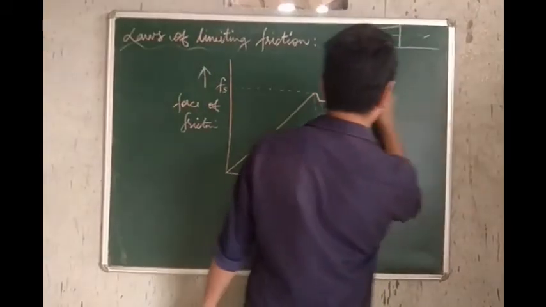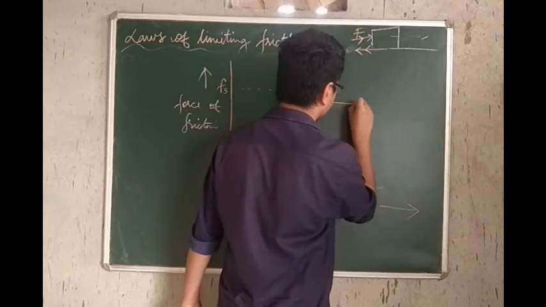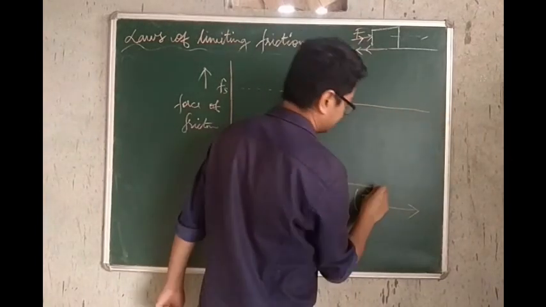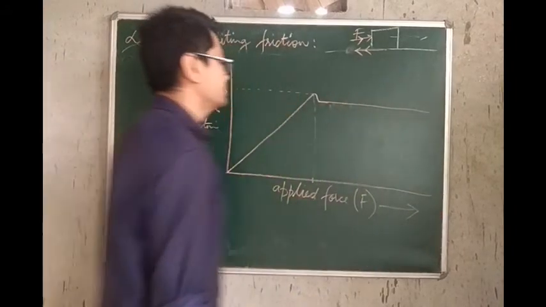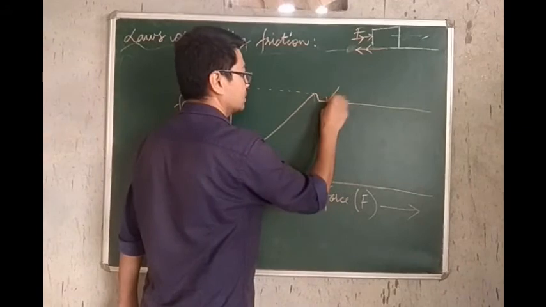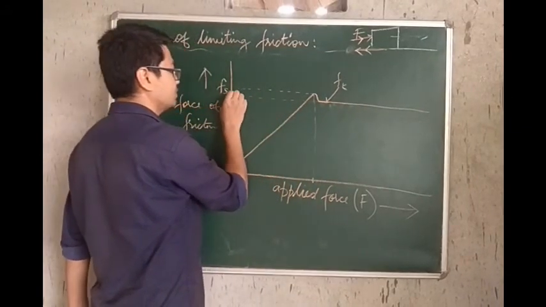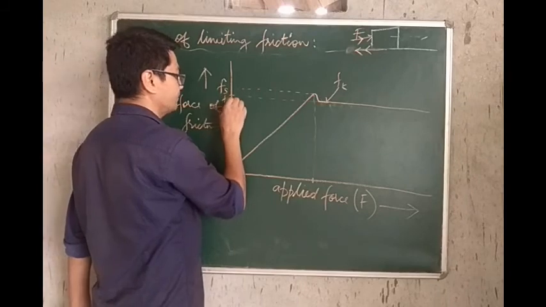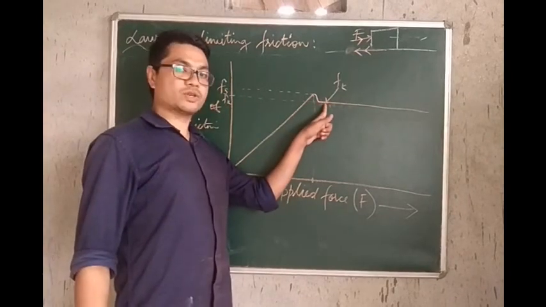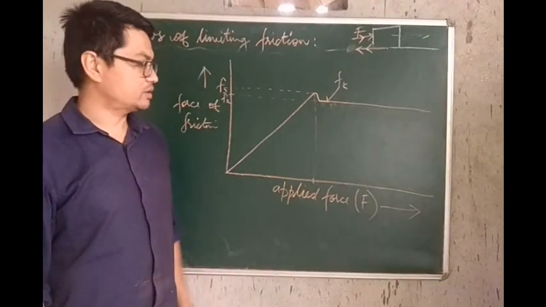It has to be parallel to the y-axis. So this is it. And as you can see, this point here is the value of Fk, the force of kinetic friction. And you can see the force of kinetic friction is lesser than the value of limiting friction from the graph.